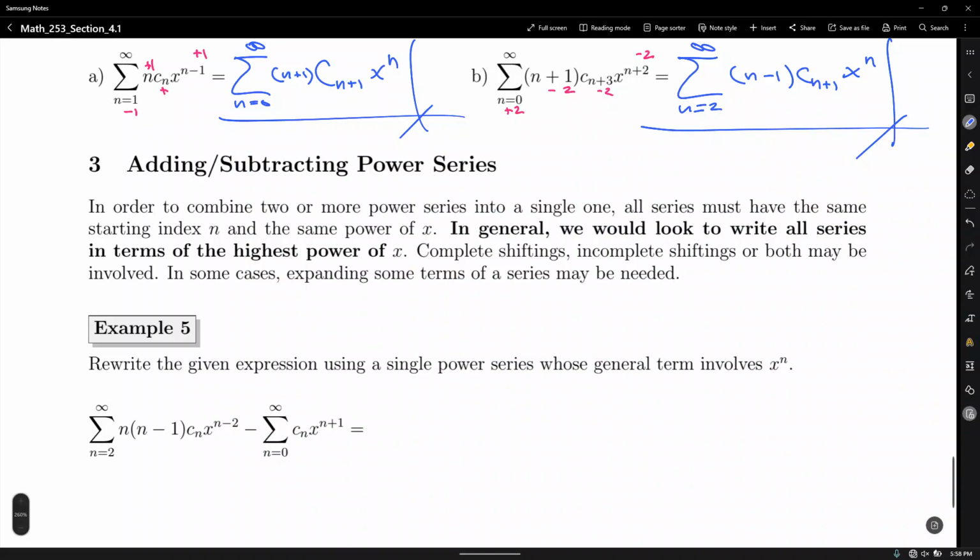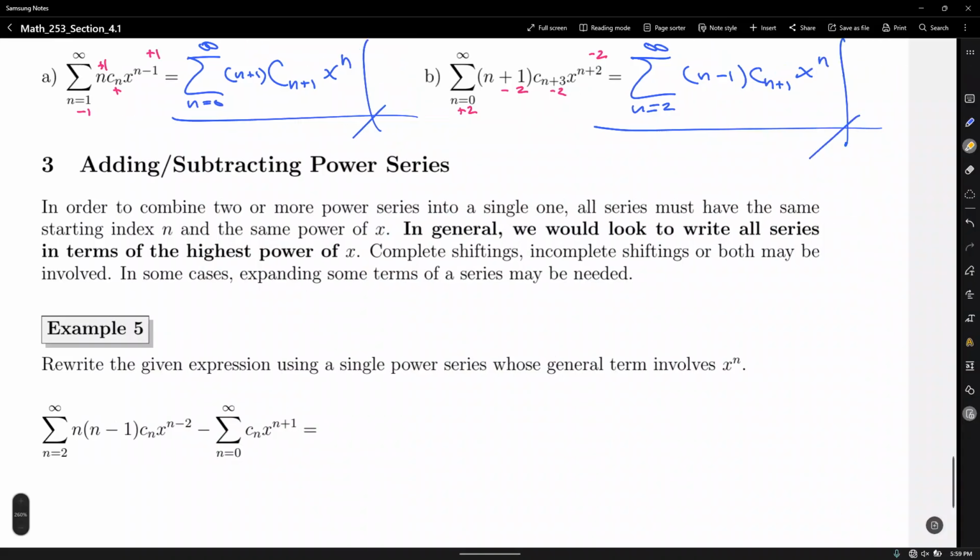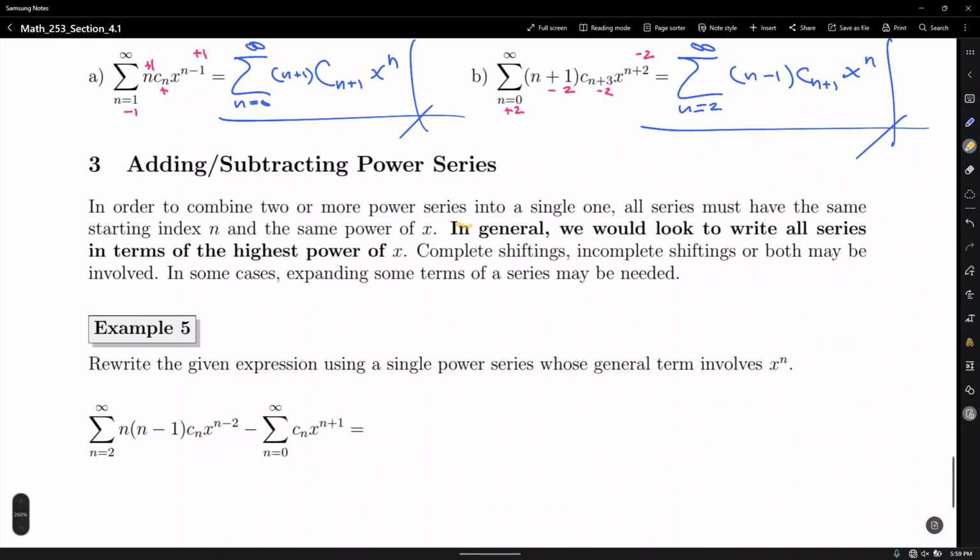It's like combining like terms: like series have the same starting index and the same power of x. Now, what's the general strategy that we're going to follow here? The general strategy will be to write all series in terms of the highest power of x that you see.